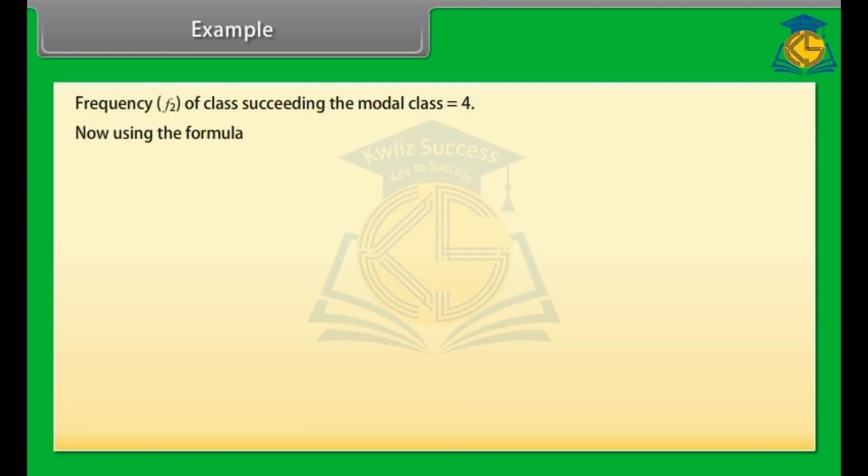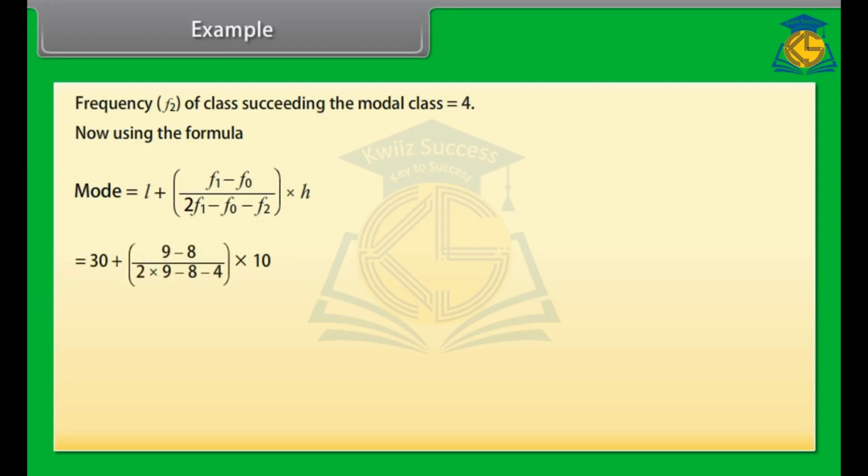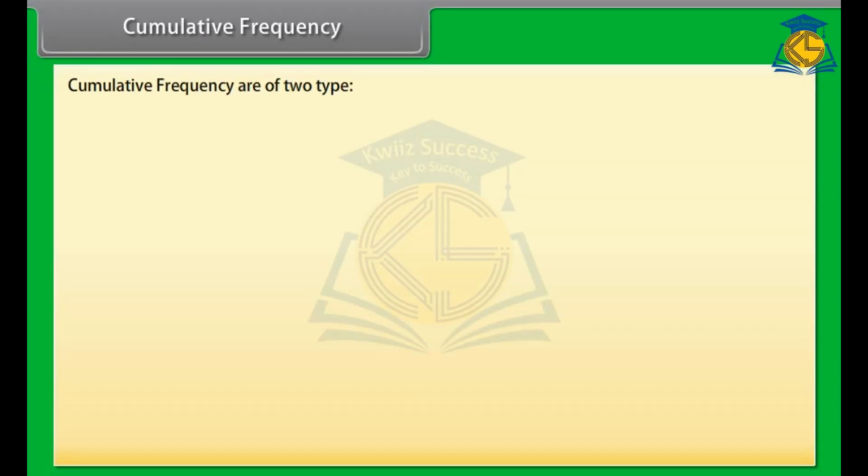Now, using the formula given below, L plus F1 minus F0, that is divided by 2F1 minus F0 minus F2 multiplied by H, we will find the mode as 30 plus 9 minus 8 by 2 into 9 minus 8 minus 4 into 10 equals 30 plus 10 by 6, which equals 30 plus 1.67 equals 31.67. Cumulative frequency. Cumulative frequency are of two types: A, less than type, B, more than type.